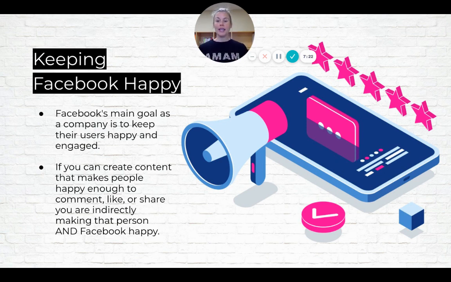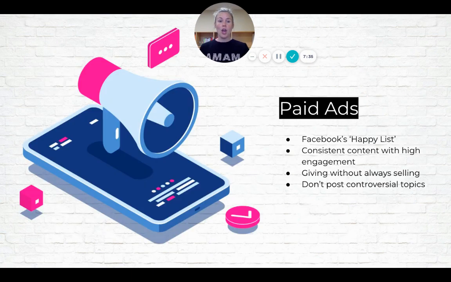And if you create content that makes people happy enough so that they comment, so that they like, or that they share it, you're indirectly not only making that person happy, but you're making Facebook happy, which is a really, really good thing. So if you're running Facebook ads, you want to be on Facebook's happy list. Now, the success of your ads doesn't just have to do with the copy or the creative, so the picture or video.